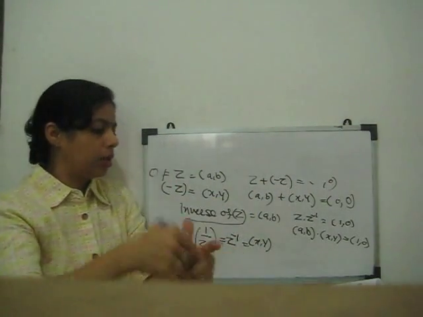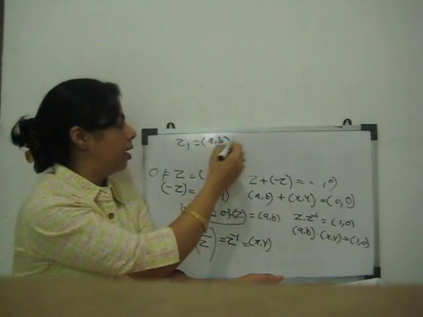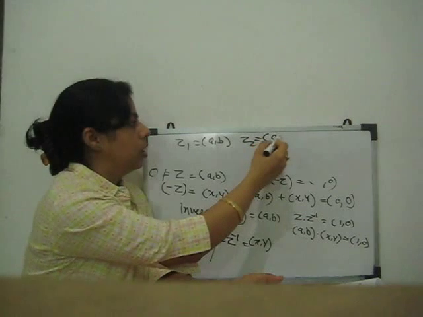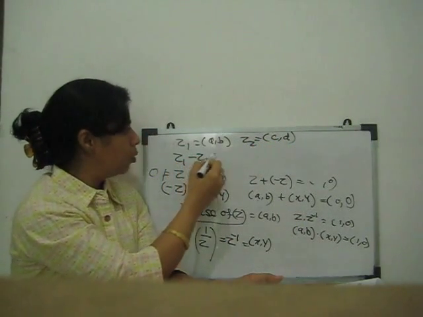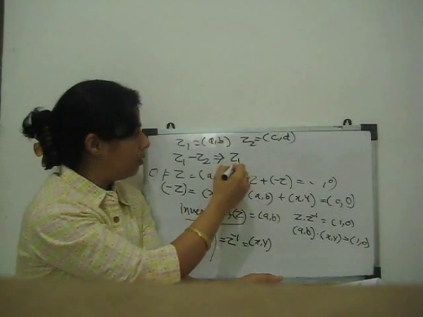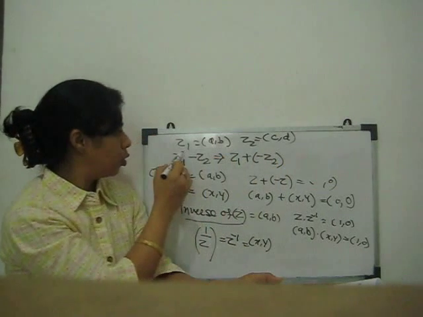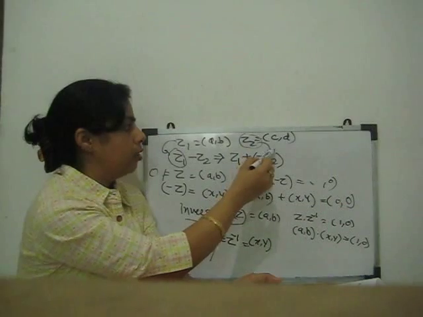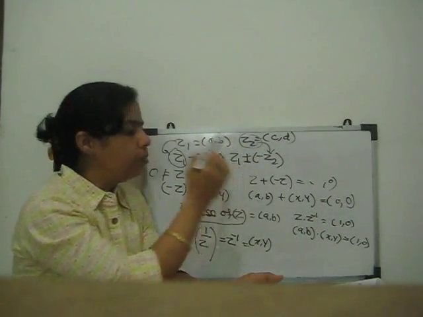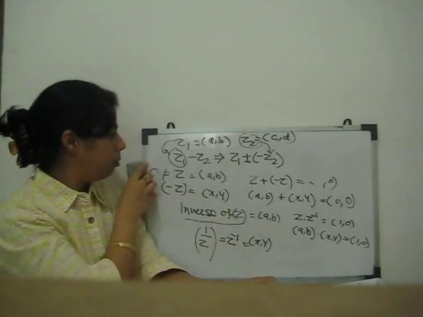If z1 is equal to (a, b) and z2 is equal to (c, d), then z1 minus z2 is given by z1 plus the negative of z2. First we have to find the negative number of this, and then apply the same rule of addition. So here we need the negative number.